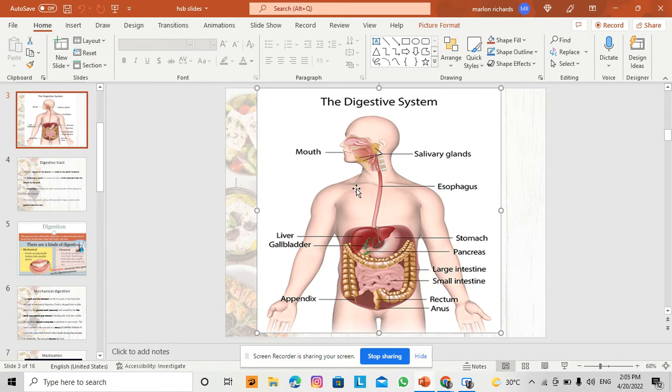Like the mouth, we know the mouth has the amylase, the stomach has the pepsin, the small intestine has its intestinal juice, and the pancreas produces pancreatic juice. So, moving back to the intestinal juice.